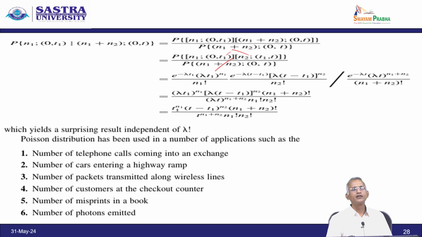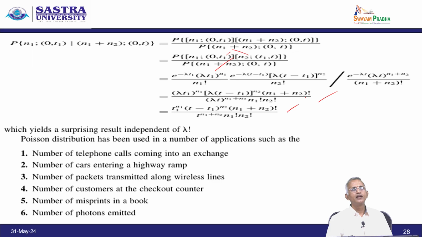by n2 factorial, divided by e power minus lambda t into (lambda t) whole power n1 plus n2 by (n1 plus n2) factorial. So, we have (lambda t1) power n1 into (lambda (t minus t1)) whole power n2 into (n1 plus n2) factorial divided by (lambda t) power n1 plus n2 into n1 factorial into n2 factorial.